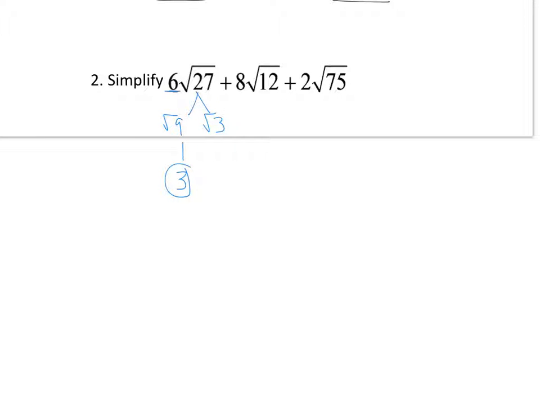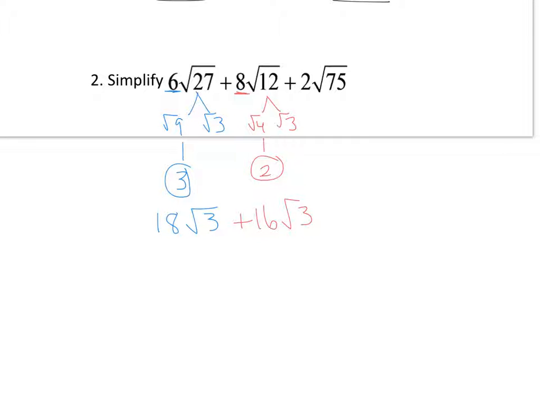And I already have a 6 in front, so 6 times 3 is 18 square roots of 3. Move on to my second term and break down 12 into 4 and 3. Square root of 4 is 2, but I have an 8 in front, so I'm going to multiply 2 by 8 to give me 16 square roots of 3.